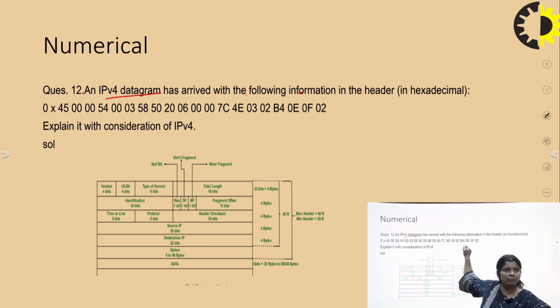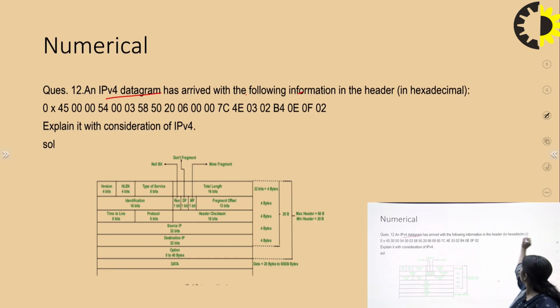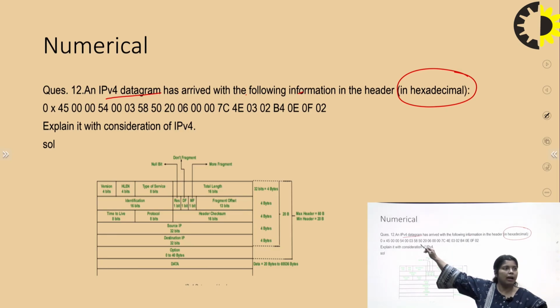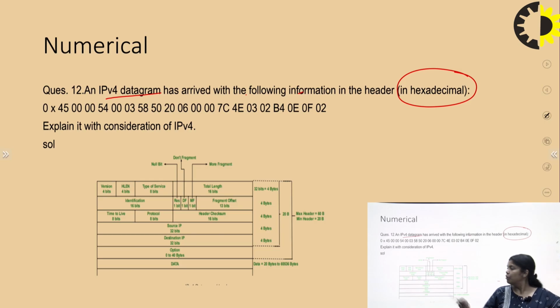Whatever information is given is always in hexadecimal. Even if it is not written in the question, by default the IP version 4 header is given in hexadecimal format. Then you have to find out all the fields written in this packet.